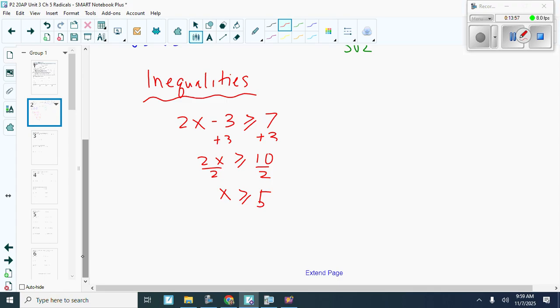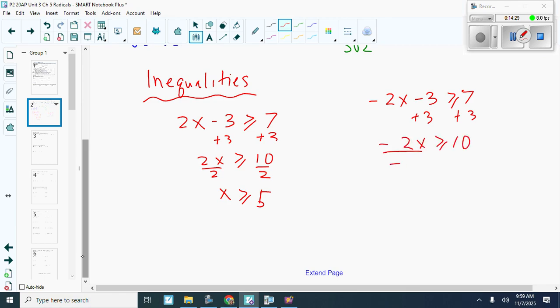I'm just looking at my example here. If we had this, we still do the same thing that we just did. We have -2x greater than or equal to 10.